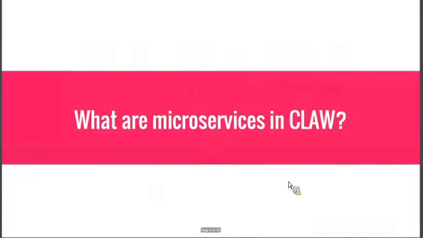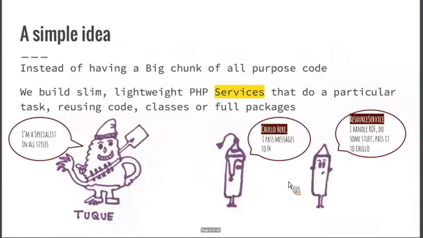But the truth is, we need PHP right now, because we are very used to it, we know how to go to PHP, and there are some tasks that are better done as atomic individual operations than as a whole complex Camel workflow. So I will introduce you to these microservices in Claw.